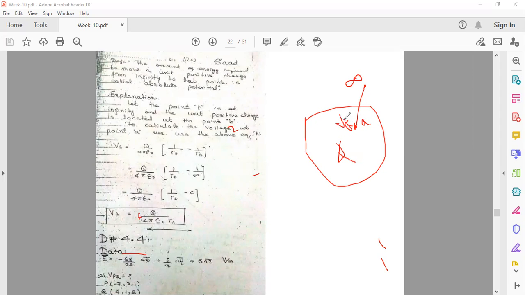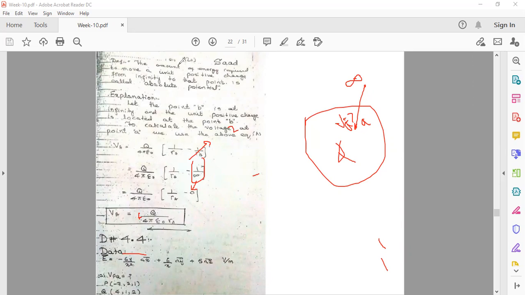We have to find this VA. So VA is Q divided by 4 pi epsilon naught times 1 over RA minus 1 over RB, where RB is at infinity. So 1 over infinity is equal to 0. So we will get VA is Q divided by 4 pi epsilon naught RA.